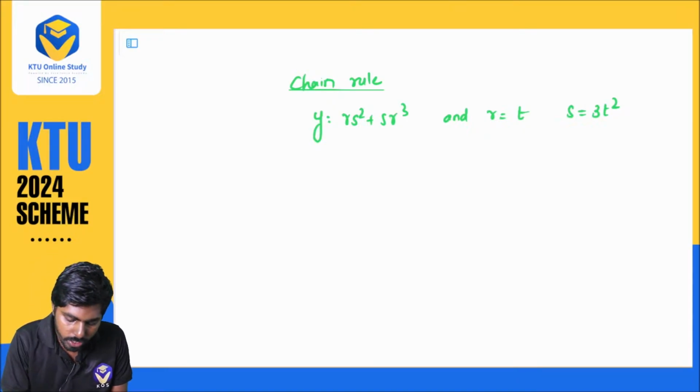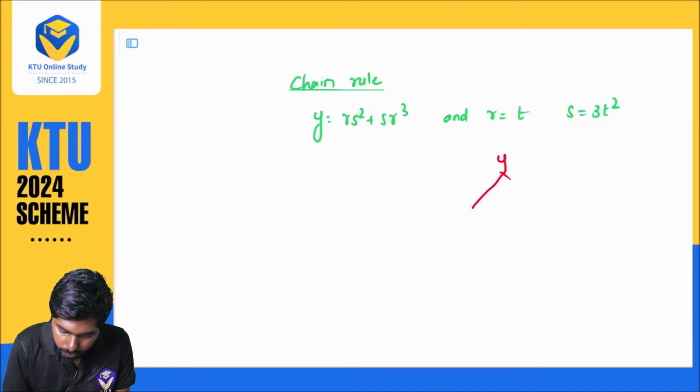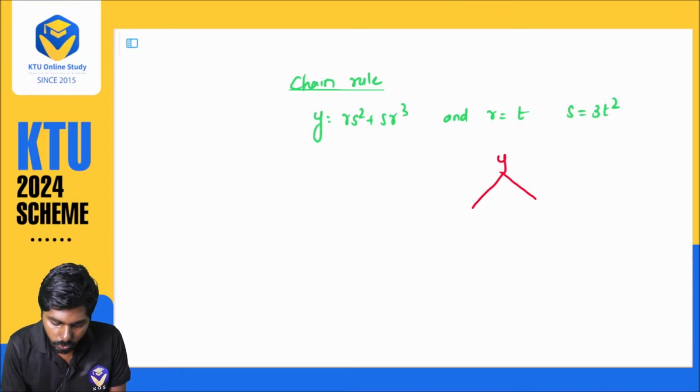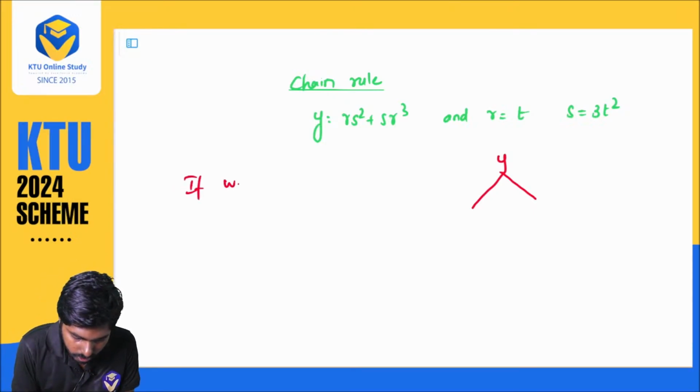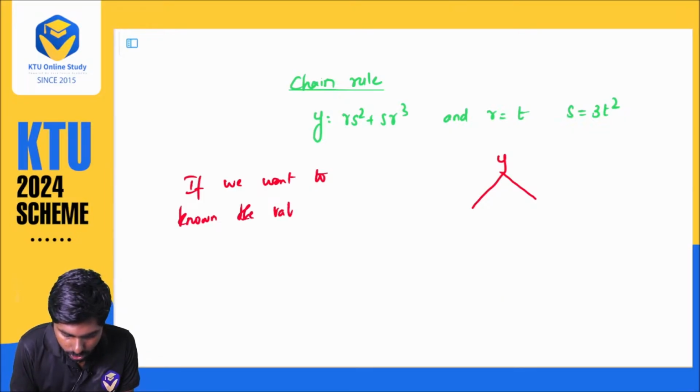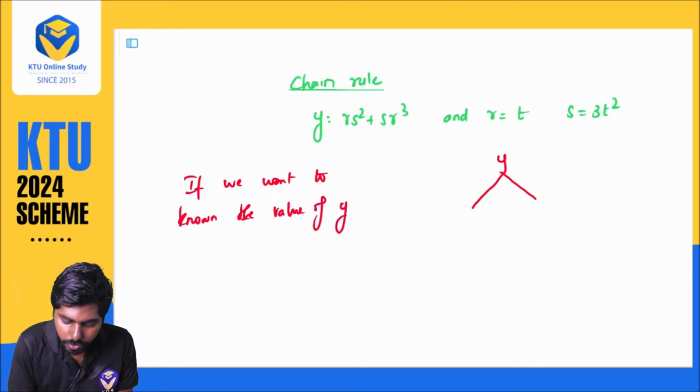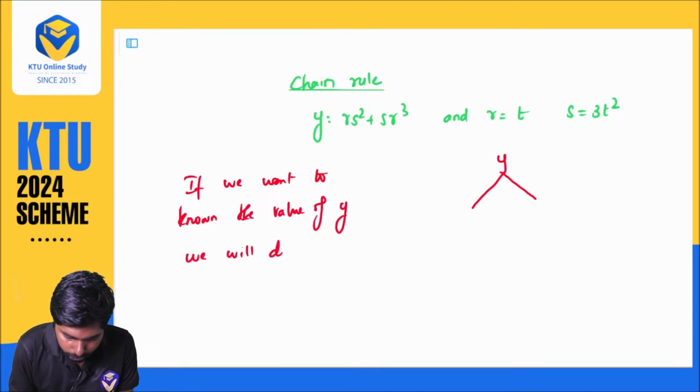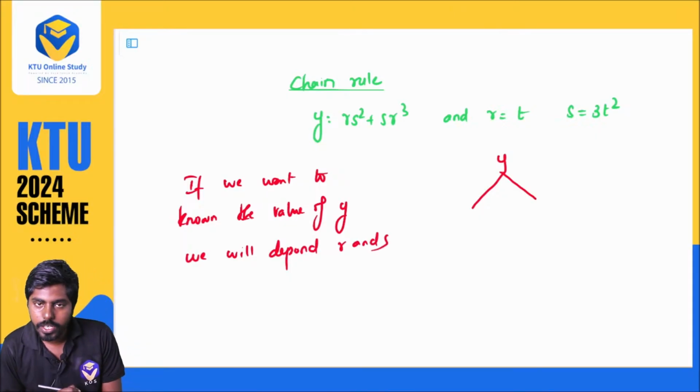That means chain rule is like this: y is depending upon r and x. If you want to know the value of y, we will depend on r and x.